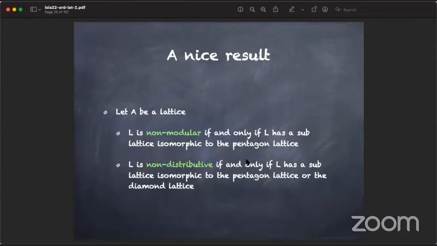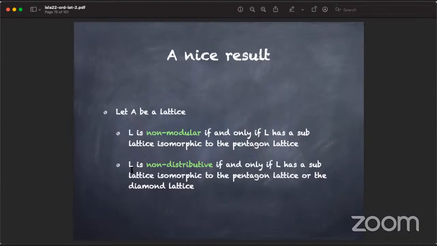Sorry, I have here said A to be a lattice and here I have replaced A by L. Sorry about the typo. So please consider all these L's to be A. Take any lattice A. A is non-modular if and only if A has a sublattice which is isomorphic to the pentagon lattice.